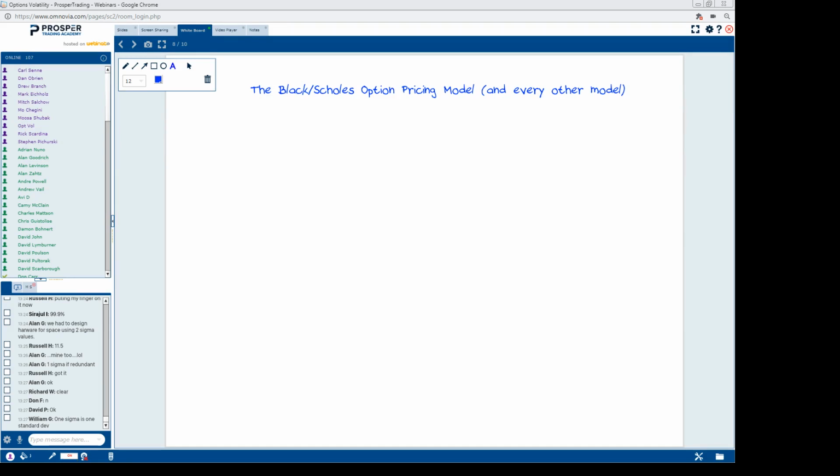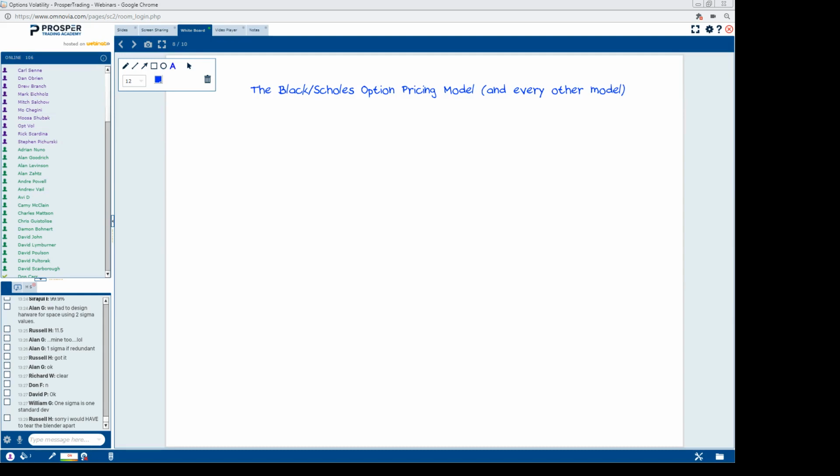That end result, one of the definitions in the options pricing model is that when we calculate an expected move based on option pricing, that expected move, Russell, you and me both, that expected move is with a 1 standard deviation probability.